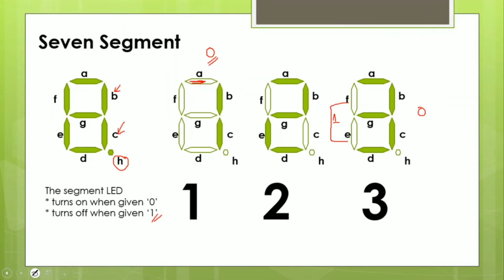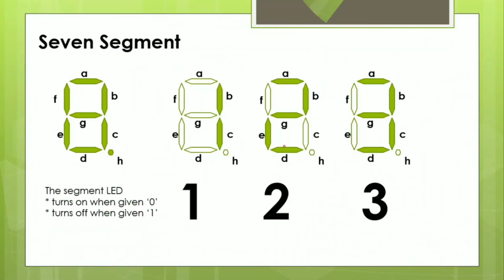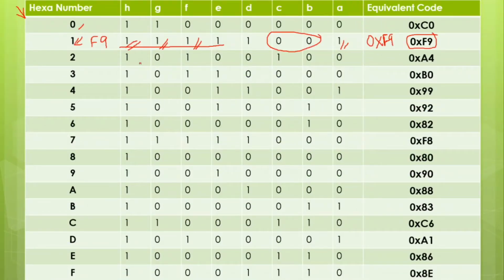If I want to write the value of 2, then F, C, H are 1. Rest all should be 0. Look at this: F, C, H are 1. Rest all are zeros. So what is this value? 1010.